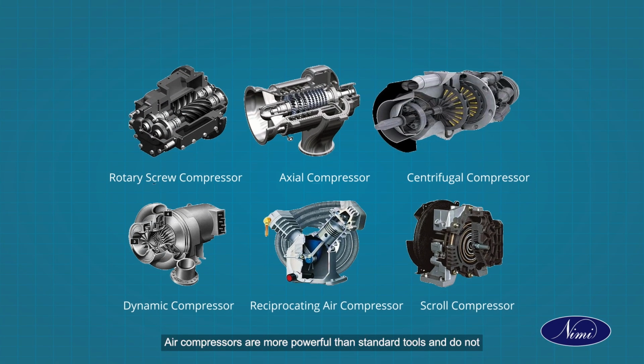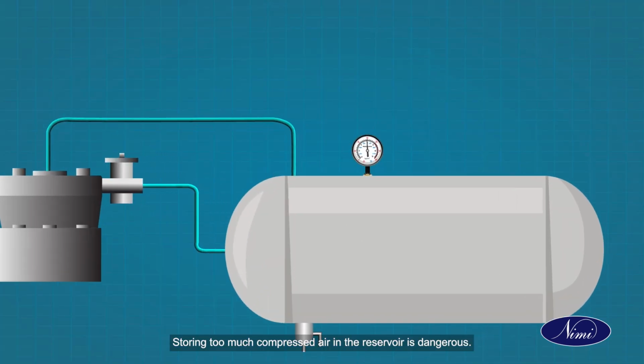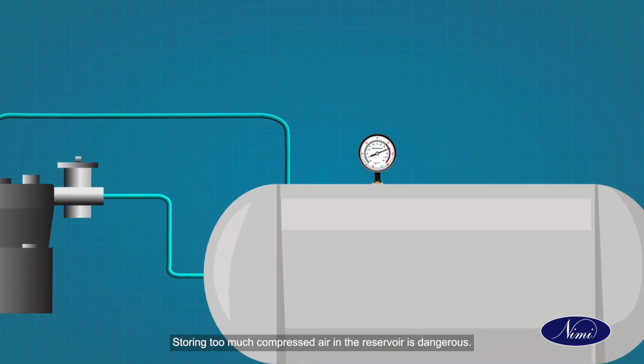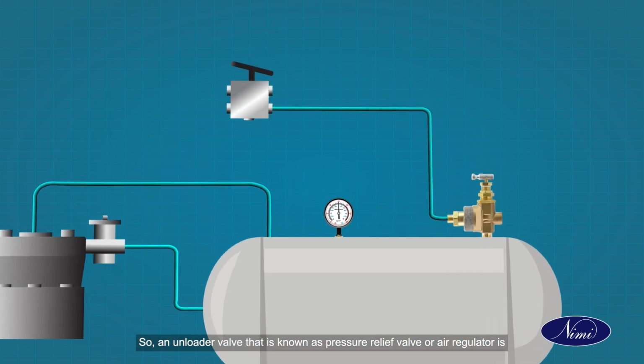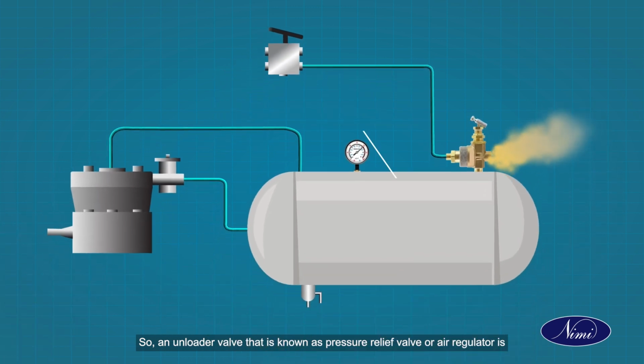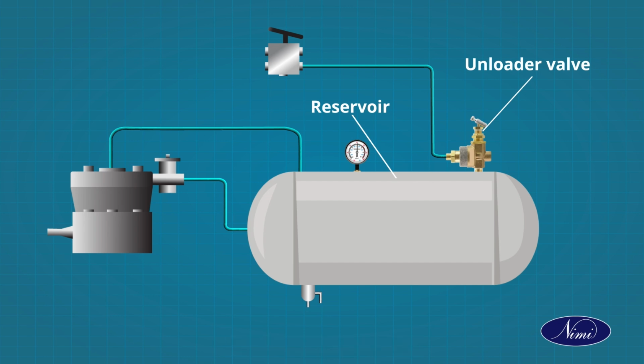Air compressors are more powerful than standard tools and do not need separate bulky motors. This is one of the major advantages of an air compressor. Storing too much compressed air in the reservoir is dangerous. So, an unloader valve, that is known as pressure relief valve or air regulator, is a safety instrument that should be used.